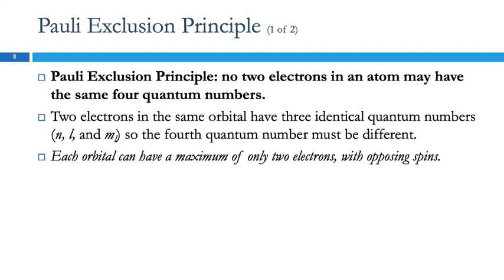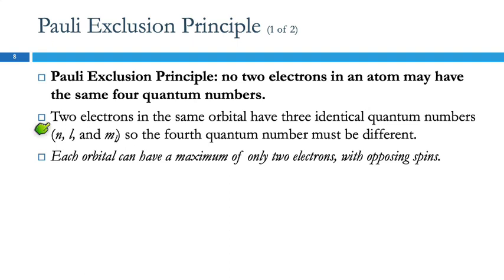So this is kind of like reading the rules for the game. We mentioned this Pauli exclusion principle in chapter 8 also. No 2 electrons in an atom can have the same 4 quantum numbers. No 2 people can have the same social security number. Right? So each electron has its own set of quantum numbers.